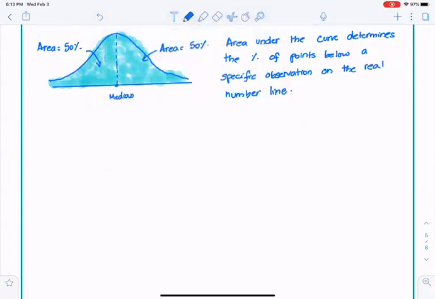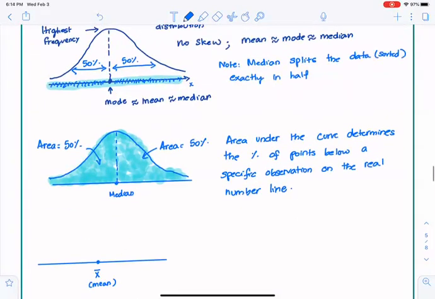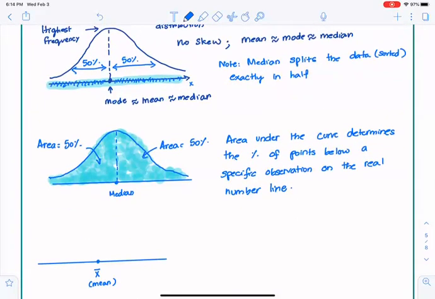So that idea is what's captured by the empirical rule. We know the mean, the median, and the mode are approximately equal to each other. And we know from above, 50% of the observations would lie below the median, and 50% of the observations would lie above the median.